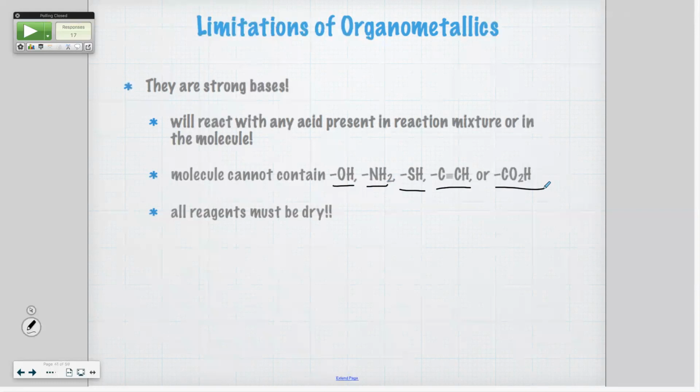And all reagents must be dry, dry, dry, dry. If they're not dry, then the water will protonate your Grignard and the whole thing will quit. So it must be dry. And we know this from experience, let alone because somebody told me.